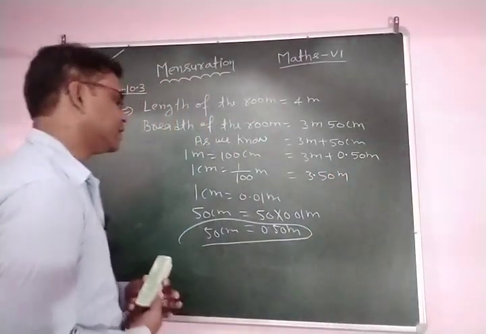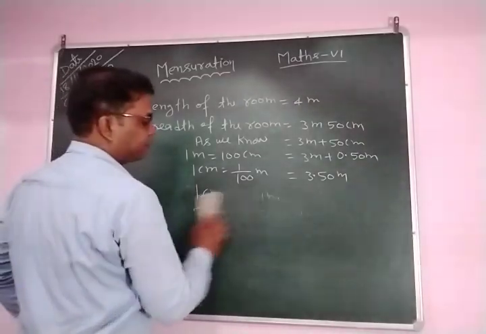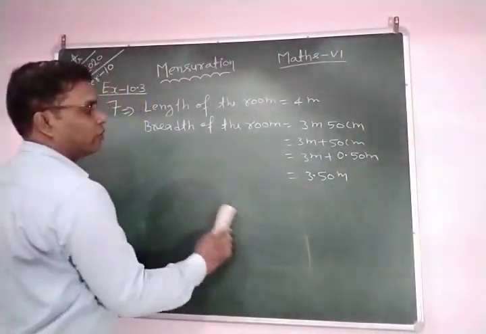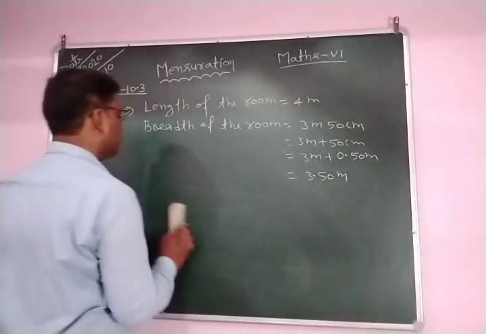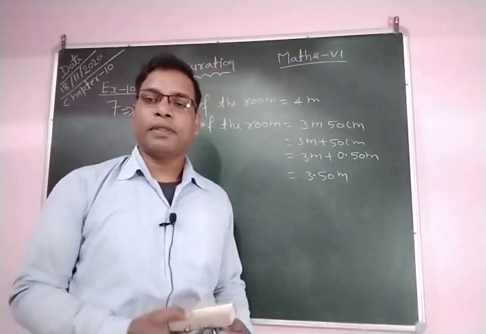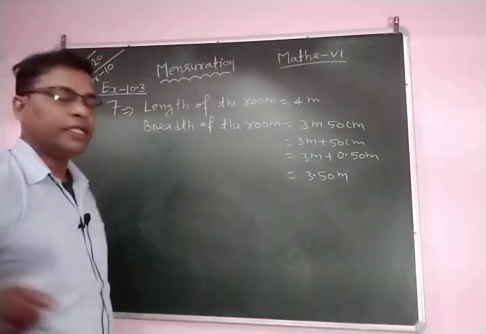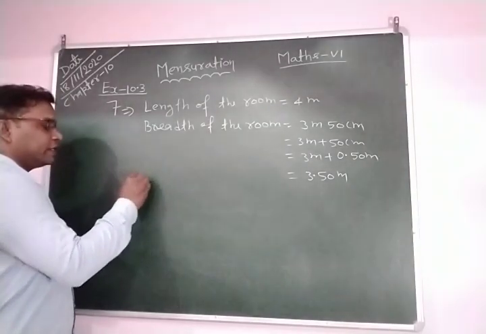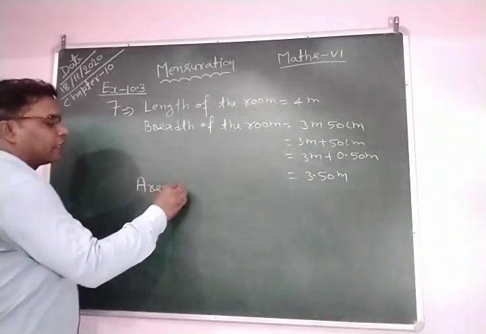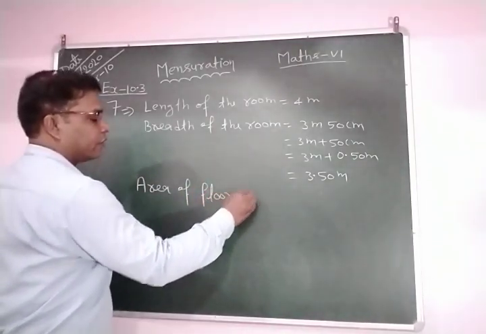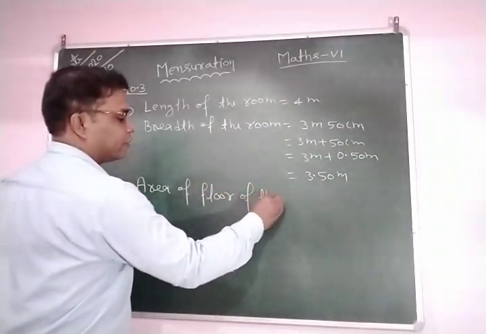So in this way you can see the breadth of the room is 3.50 meters. We need to find the area of floor of the room. Okay, so area of floor of the room is equal to what? We write here area of floor of the room.